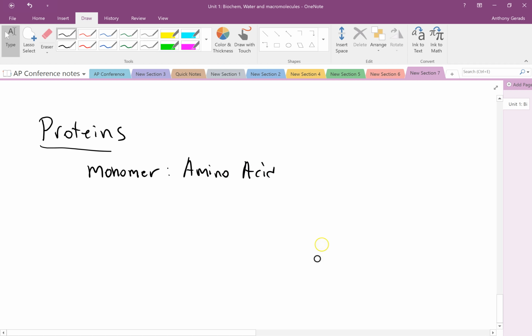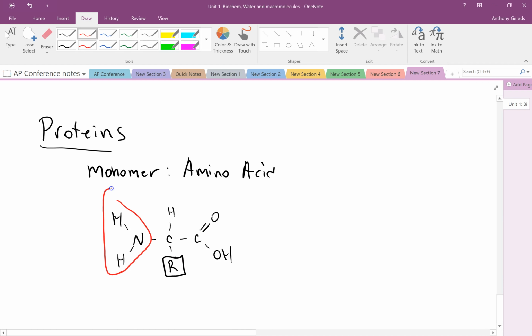All right, and that amino acid is going to look like this. Okay, so we've got an amino group, and we've got a carboxyl group.